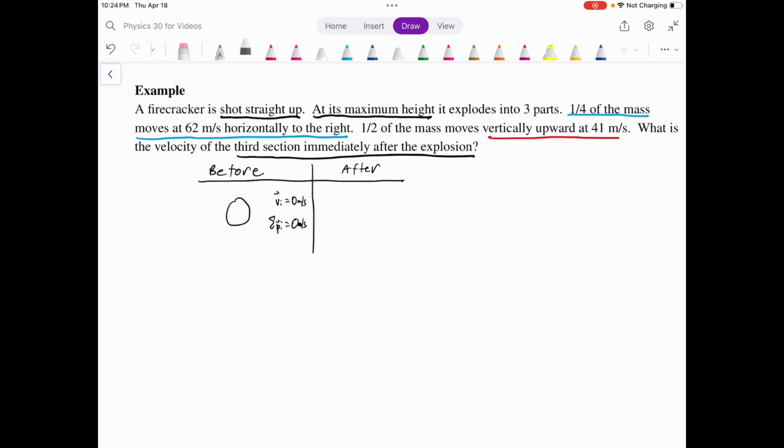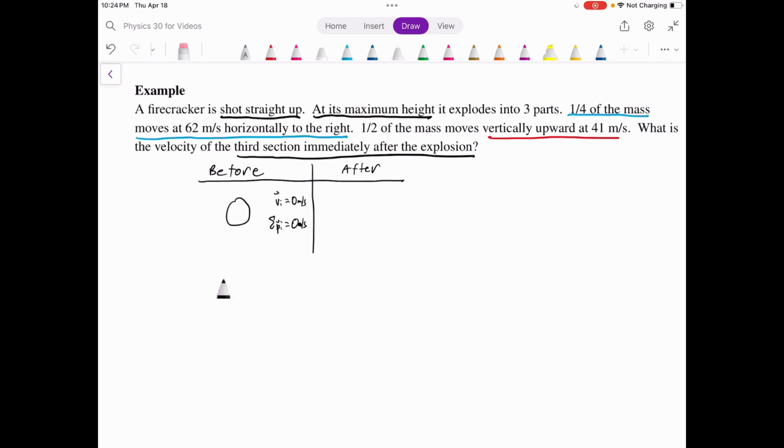then right at that moment, it explodes. And on these short time scales, if we look at the instant just before the explosion and the instant just after the explosion, we can say that momentum is conserved. We know that eventually gravity will act on those pieces to change their momentum again, as an external force.